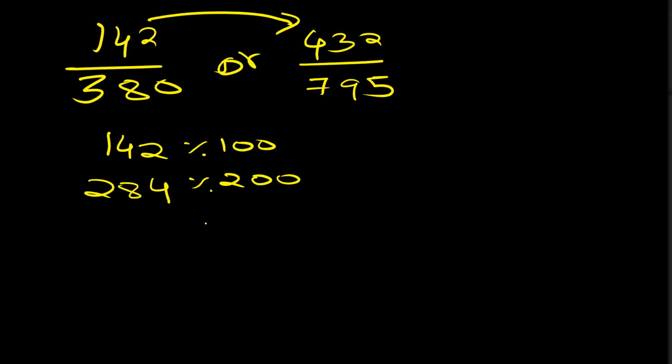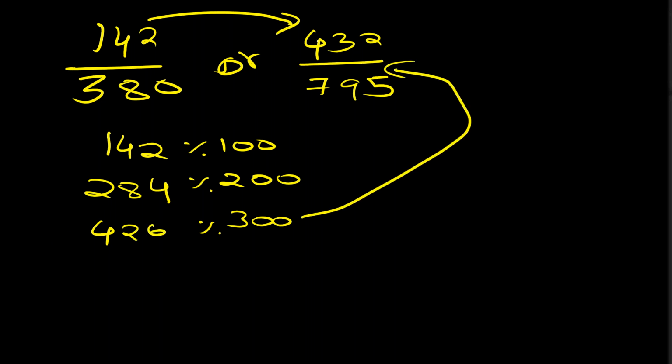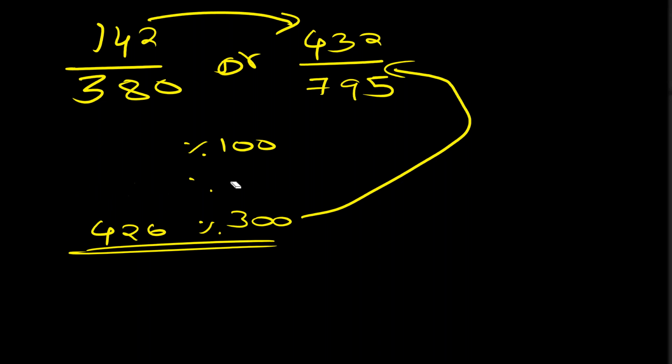So let me go for 300 percentage. 300 percentage, I will have 426. So 426 here, and here it is 432. So approximately it is increasing by 300 percentage, approximately more than 300 percentage, right? So 300 percentage is 426, and the increase is around that.